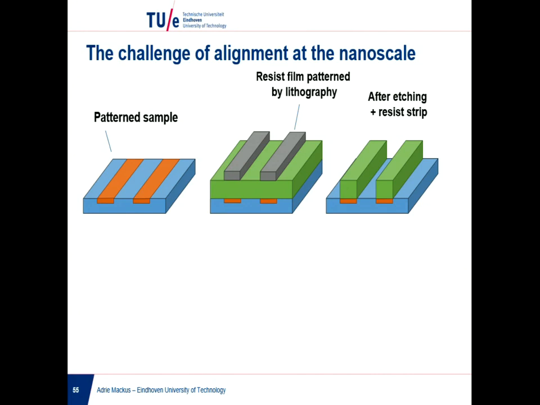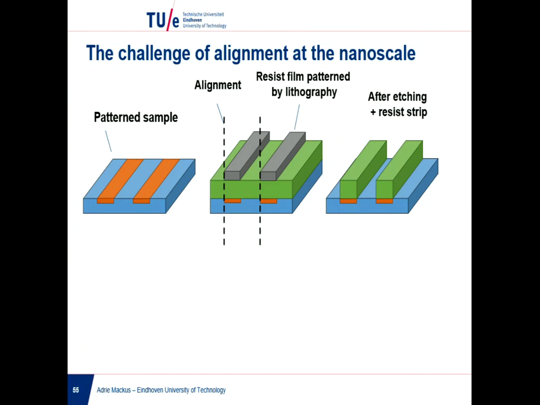But in practice, especially if you go to smaller dimensions, you also have to think about the alignment of the features. Do you have any idea how small features are in state-of-the-art computer chips these days? Is that micrometers, nanometers, hundreds of nanometers? They say, for example, 10 nanometer lithography.